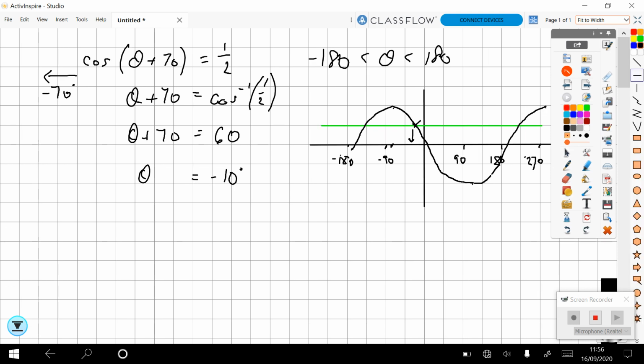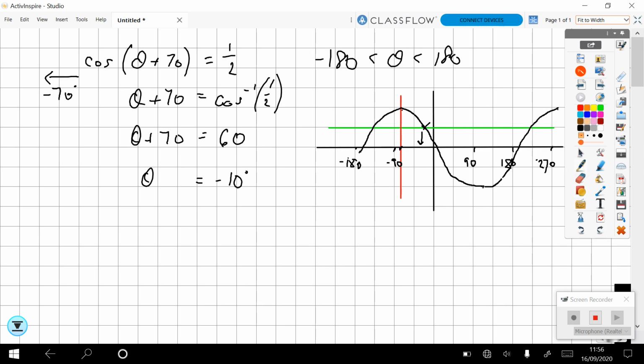We can see there is a line of symmetry. There is a line of symmetry there. That red line is at negative 70, and this gap will be the same as this gap.